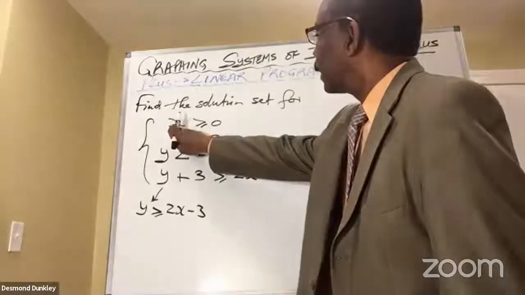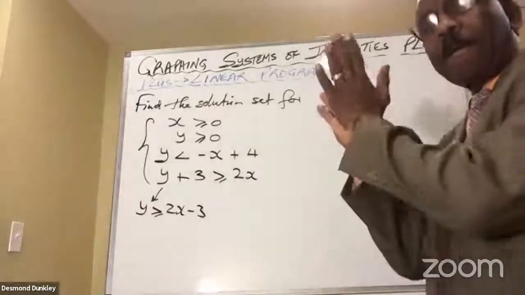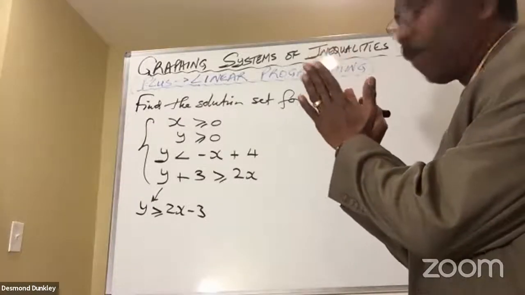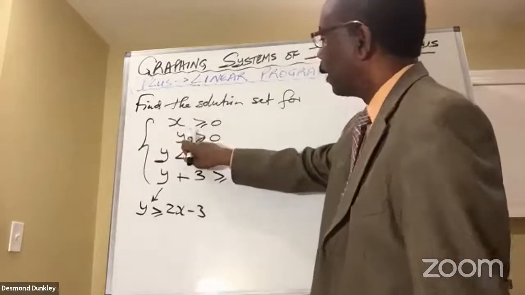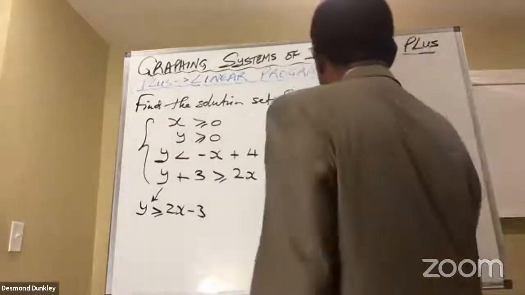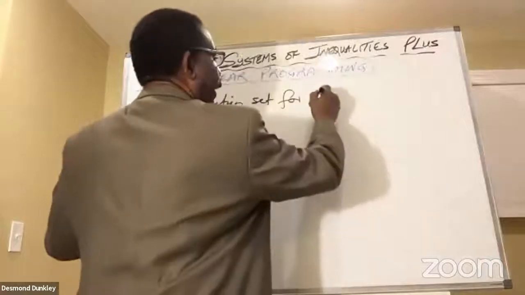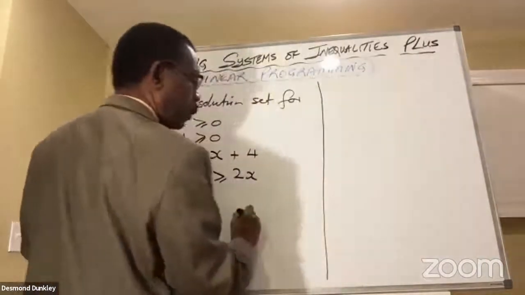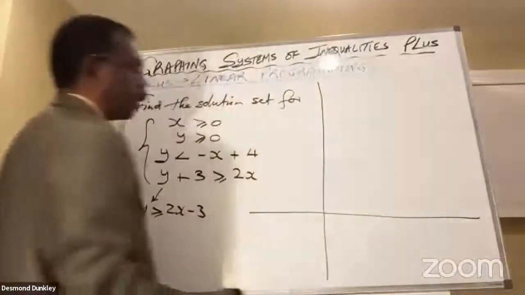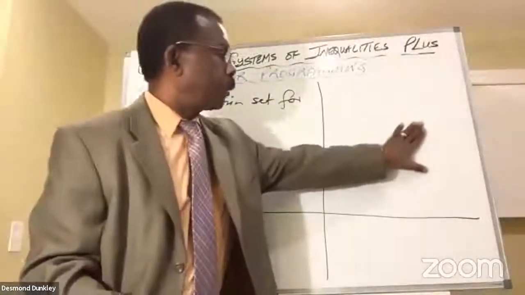This tells me that I'm working in the first quadrant only. I don't care about when x is negative. I don't care about when y is negative. So I can arrange my graph so that I'm using up mostly this first quadrant.